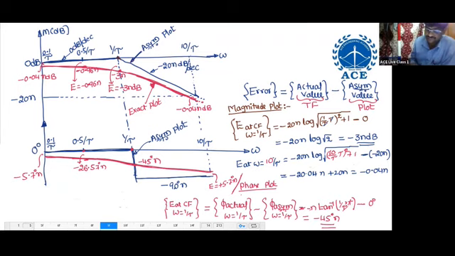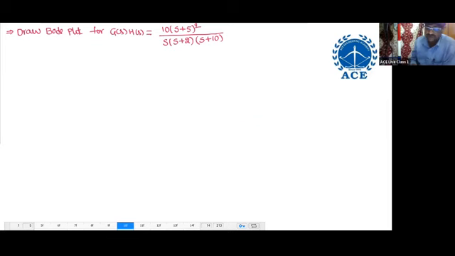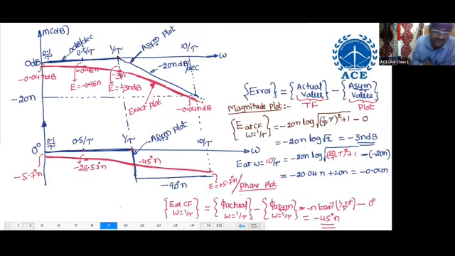Right. One statement you write here: error is maximum at corner frequency.